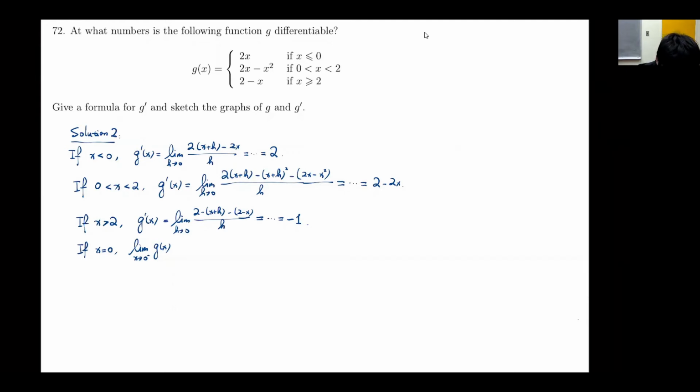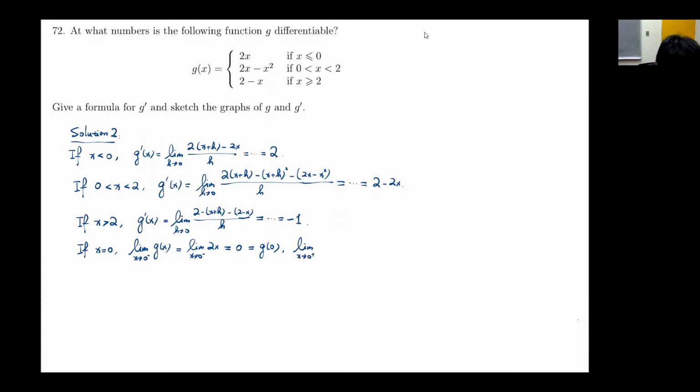Okay, so when x is less than 0, g of x is defined as 2x as x approaches 0 from the left. Okay, so then the limit is going to be equal to 0. And moreover, you see that this is precisely g of 0 because g of 0 is defined by the same formula over here. All right, so this is the left-hand limit and the function value. Now let's look at the right-hand limit.